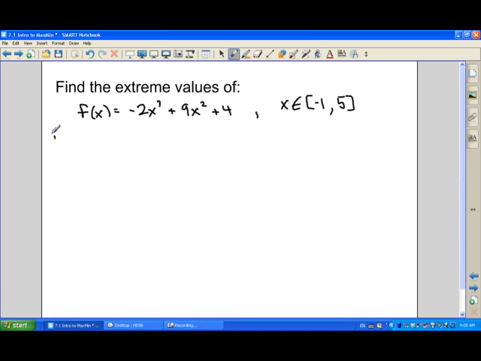So our first step, based on our method, is to find the derivative, f prime of x. f prime of x is equal to negative 6x squared plus 18x.